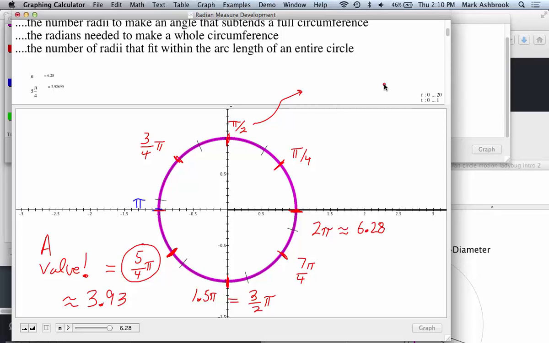We're counting radius lengths, right? And we know these. 1.6. He wants 1.6. How many radius lengths is that right there? 1. How many is that? 2. So pi over 2 is about 1.6, and it's actually 1.57. But 1.6, that's a good estimate, just eyeballing it, okay?